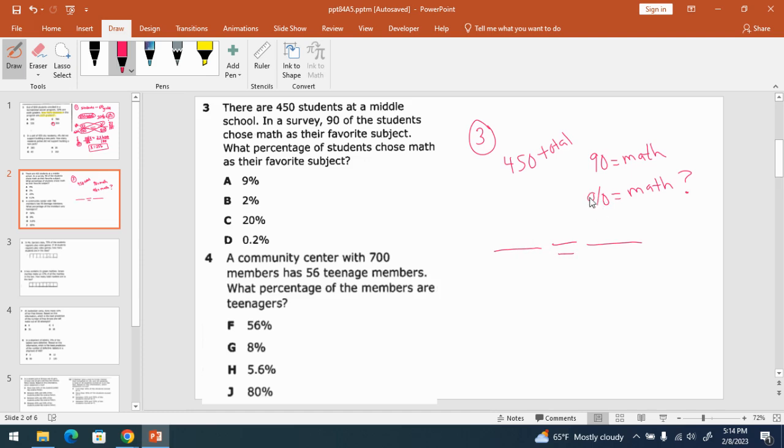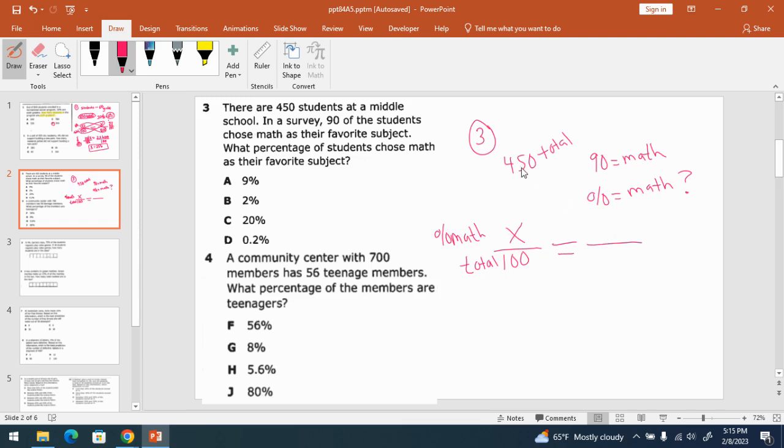Now they didn't give me the percent, but I know that percent means out of 100. Since they did not give me the percent, I'm going to have to call that x. This would be obviously the total, because percent is out of 100, that's the total. And then the x, which is the percent that we're looking for, would be the math. What's the percent that like math? This is the percent that we're finding.